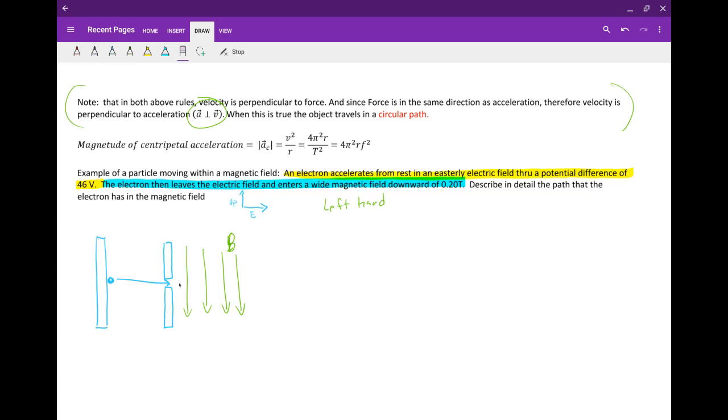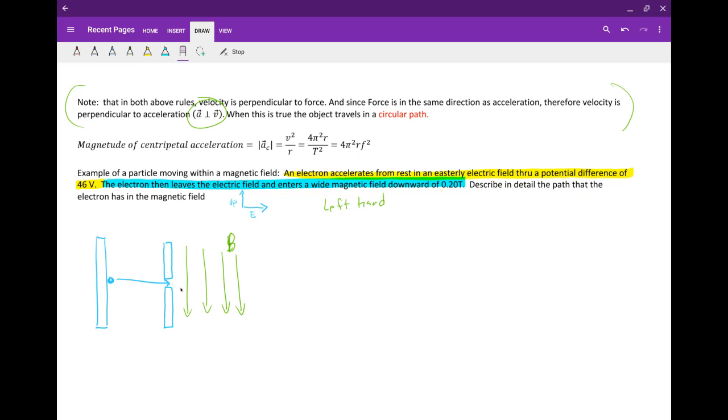So as it gets pushed, my thumb is still in the direction of the velocity of the electron. So what happens is my thumb is no longer pointed straight that way. It's starting to come out of the page as well.